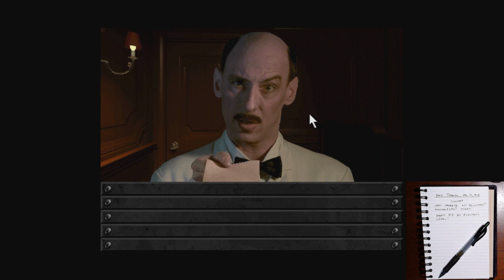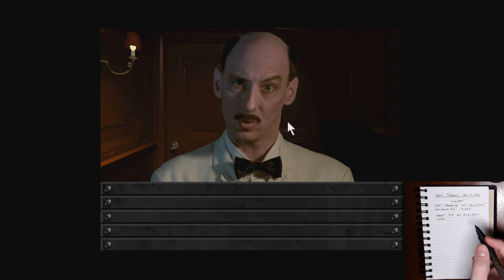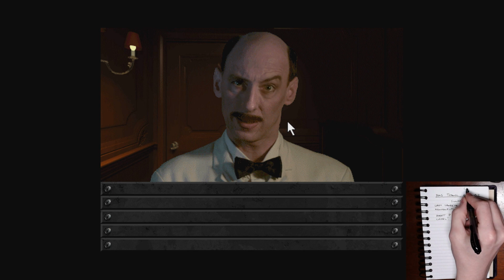Here, a map of the ship for you. Yes, thank you, Smethels. Compliments of the White Star Line. I have taken the liberty of indicating your cabin, C-73. Of course, on a Sunday evening at this hour, there won't be many people out. Will there be anything else?